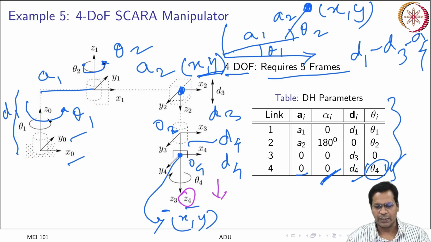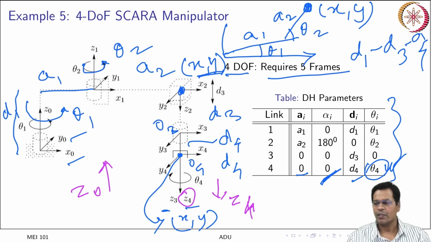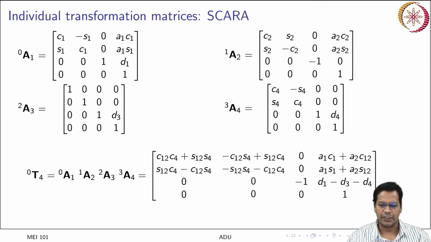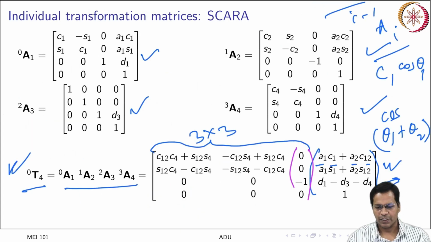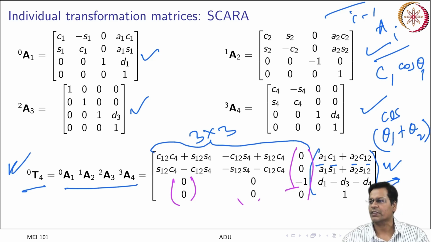It has components along x and y as 0, whereas along the global z, z0 and z4 are oppositely directed, so z4 has a -1 projection along z0. That is what is here. You can verify the other elements, because it was a 2 DoF kind of thing. So the orientation is something like this, got it? This is how you can further cross check it.